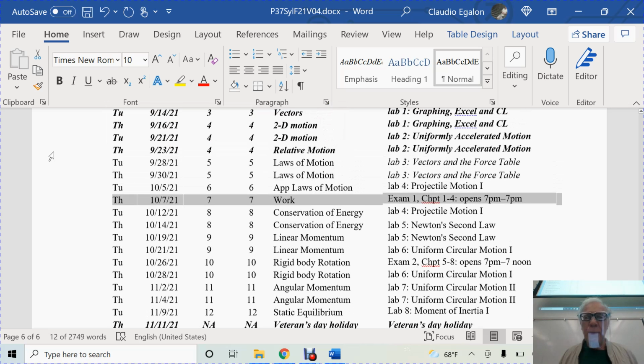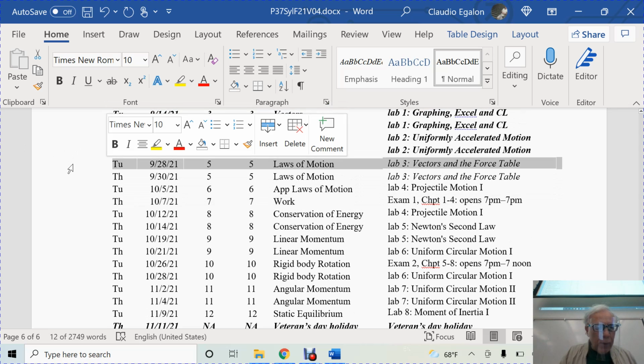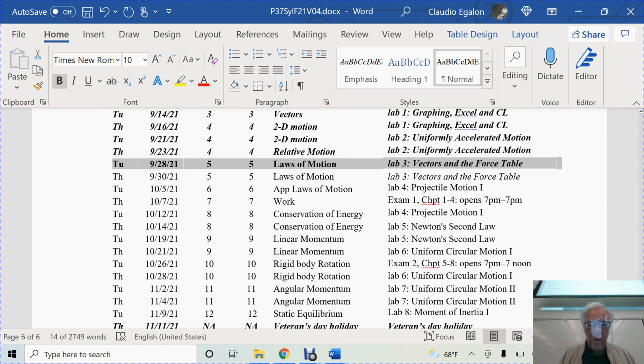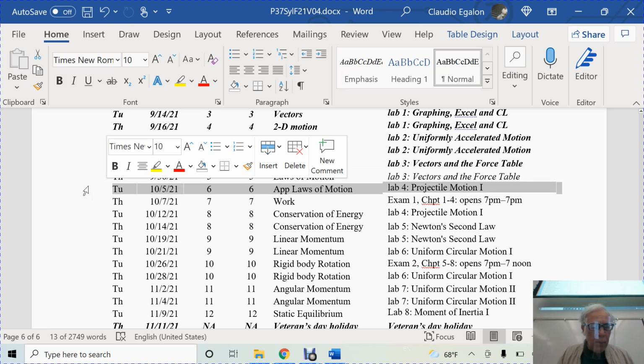So where are we right now? We are writing here, 28th. Vectors and the first table. So that's material for the exam. So what's gonna happen here on the 7th? Before the 7th, there is a lab for Tuesday.